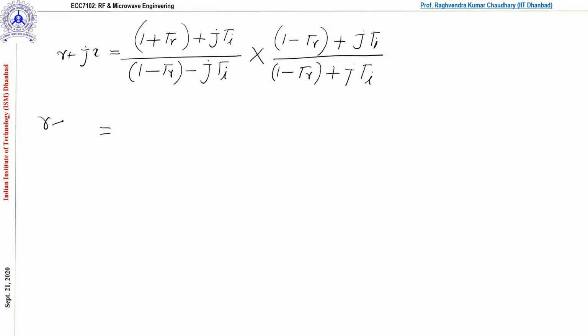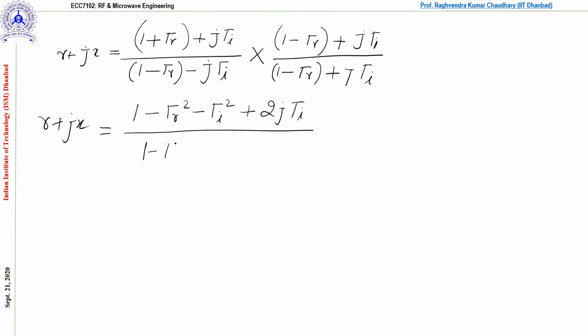So we can write r plus jx is equal to (1 minus gamma r square minus gamma i square plus 2j gamma i), and so on. Some of the terms will cancel out, so I'm not writing them here. I'm just skipping one step here. Please solve the intermediate steps; I'm expecting that from your side.